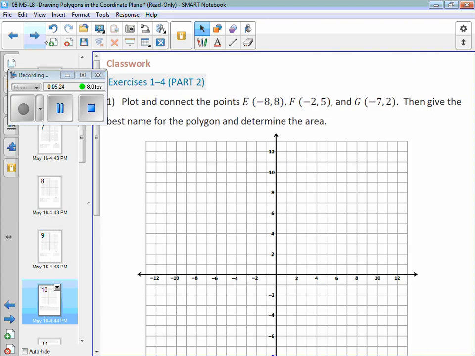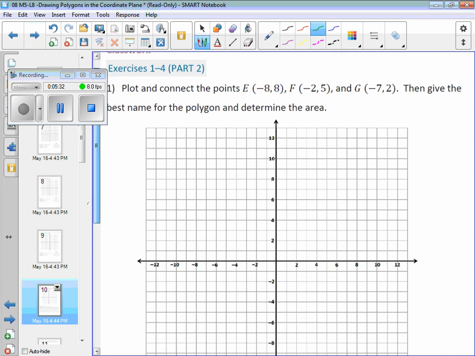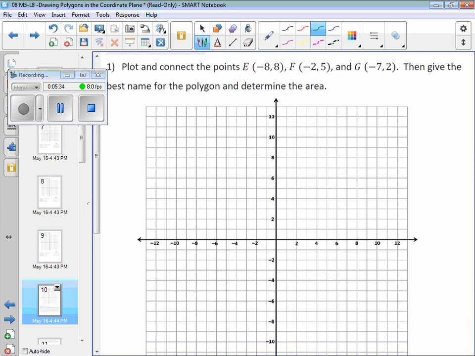And that brings us to page 7, right? Okay, if you haven't done so already, let's just plot the points. Okay, -8, +8 is point A. Well, E. They call it point A. F is -2, +5. Let me know if I make any mistakes, too.